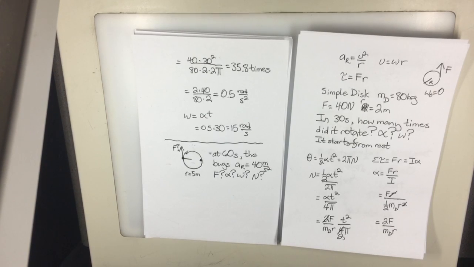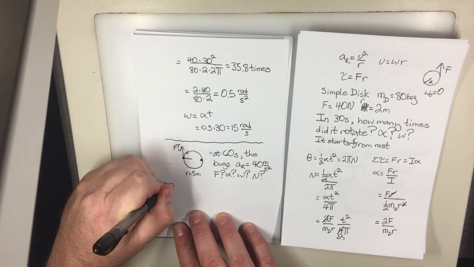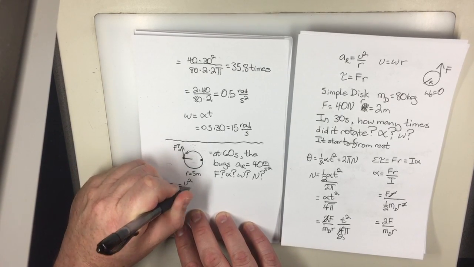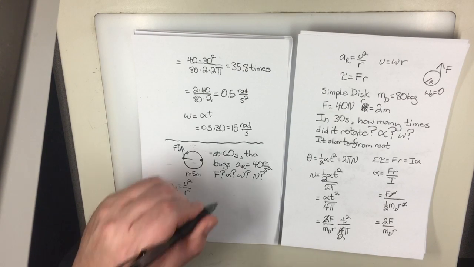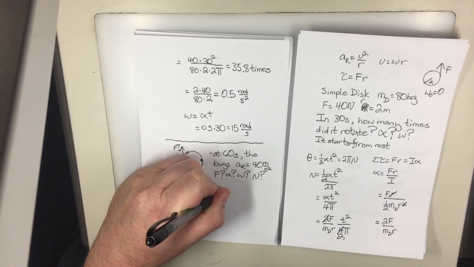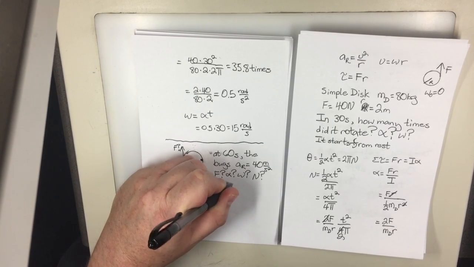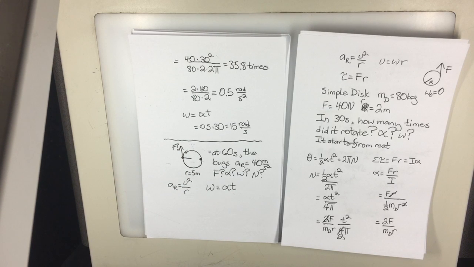So if I say A sub r is equal to 40, you know for a fact that A_r is equal to V squared over R. That we're able to get a relationship with that. If I know my radial acceleration, which is V squared over R, and that at 60 seconds it's 40 meters per second squared, I know that omega is omega naught plus alpha t, but I said it started from rest.